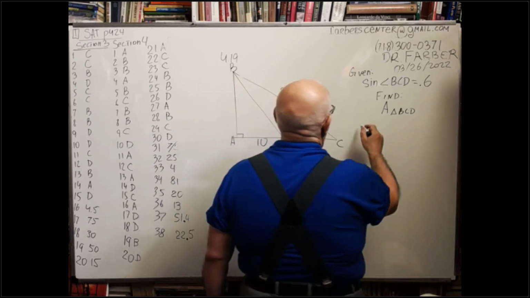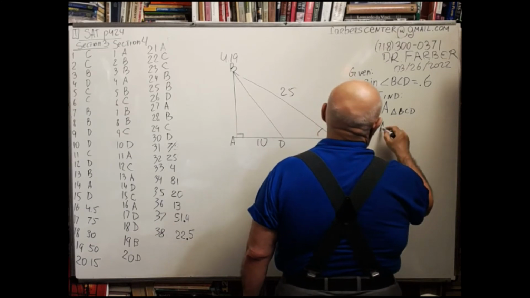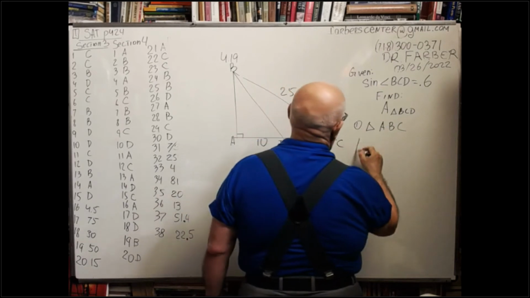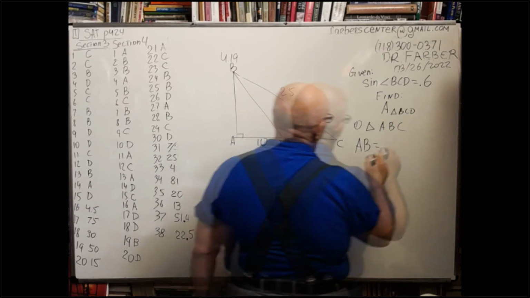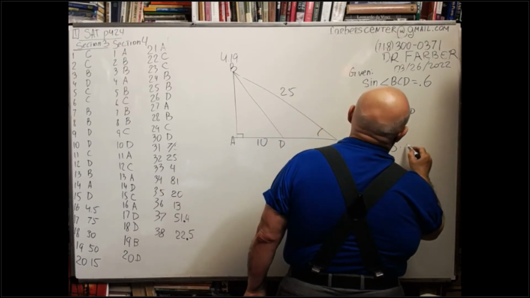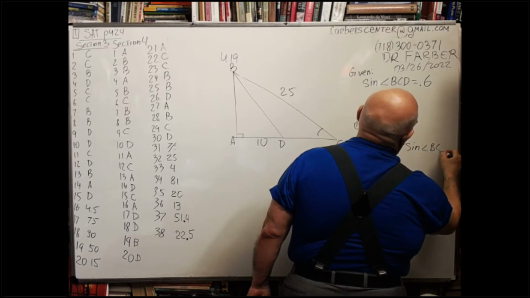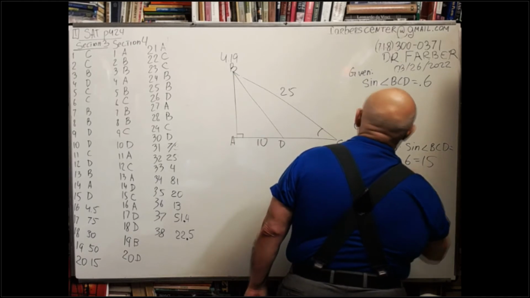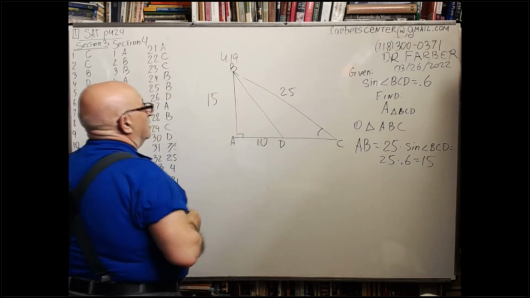Step number 1, from triangle ABC you can find AB. AB equals the hypotenuse 25 times the sine of angle BCD, or 25 times 0.6, which is 15. So this is 15.